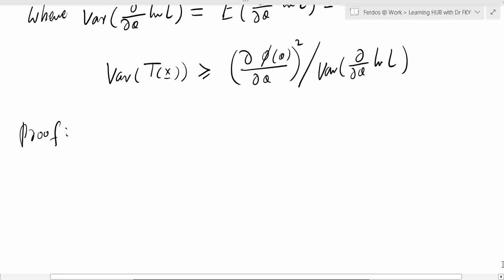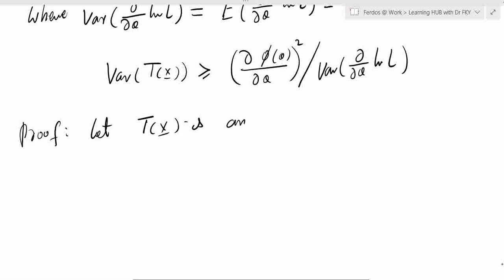Let T of x be an unbiased estimator of this one. Let's start. It is already mentioned in the statement that T of x is an unbiased estimator of this function.